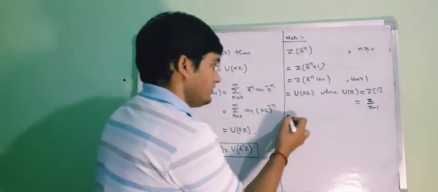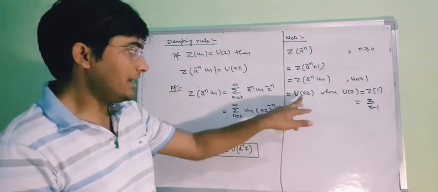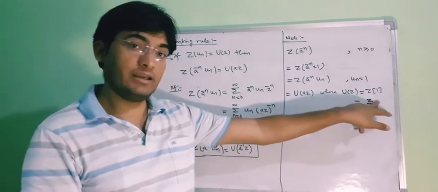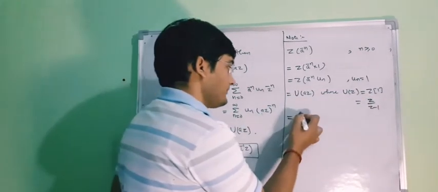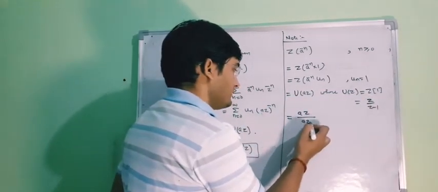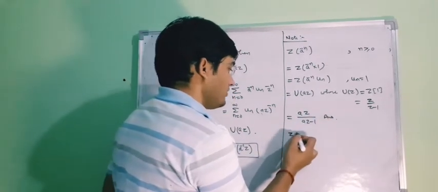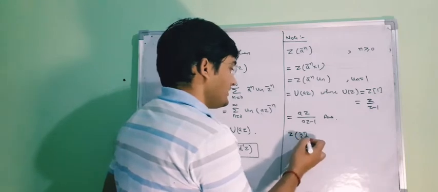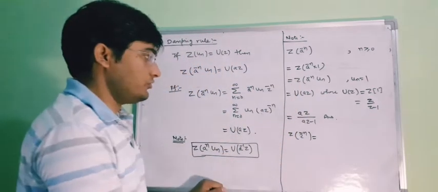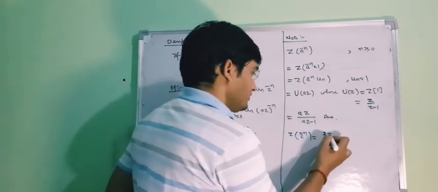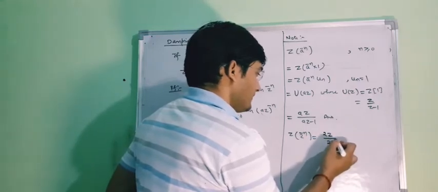So therefore we will have to replace our z by az. So your answer is az upon (az minus 1). So this is your answer. For example, Z transformation of 2 power minus n. Now if you put a equal to 2, then this will be 2z upon (2z minus 1).